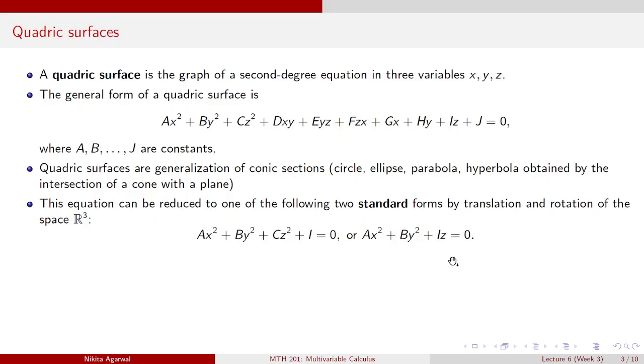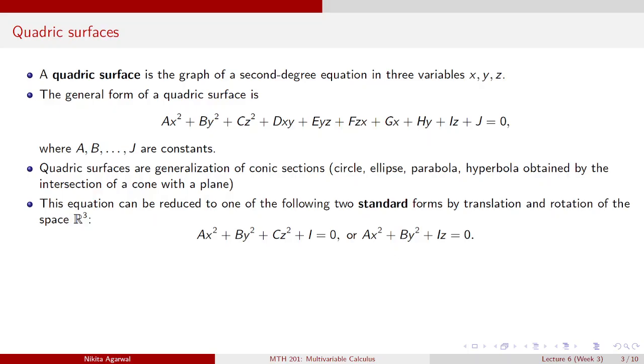The second one is interesting, where you have squares of x and y, and z comes as a linear term and there is no constant. That is another standard form that you get.